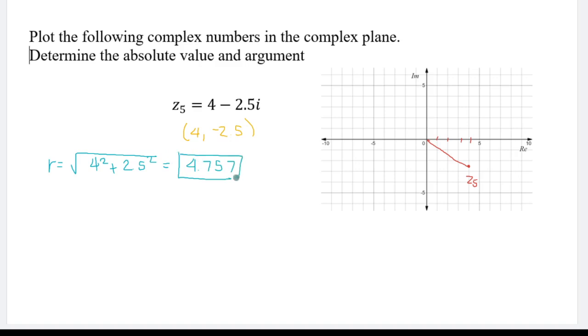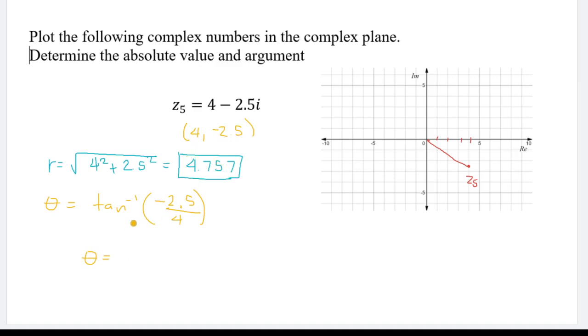And for our angle, the angle is equivalent to arctan of our y, that's negative 2.5, divided by 4. And our angle, again, we now need to add or subtract 180 since our x is positive, so no adjustment is needed.